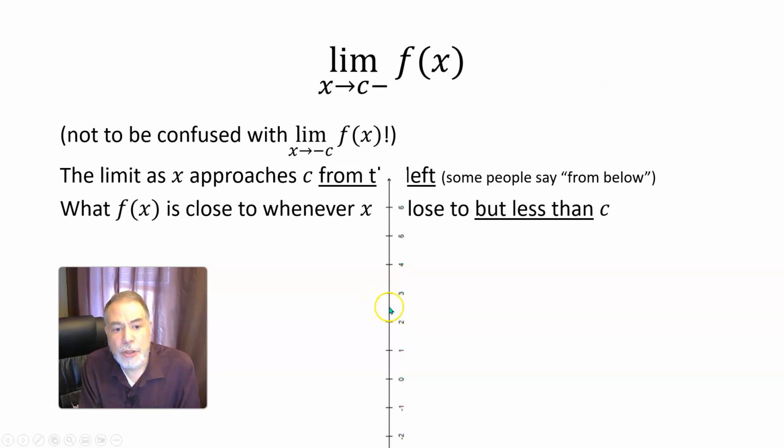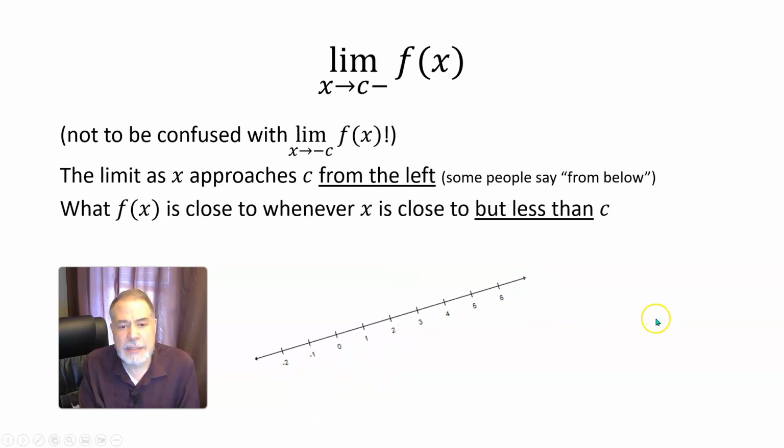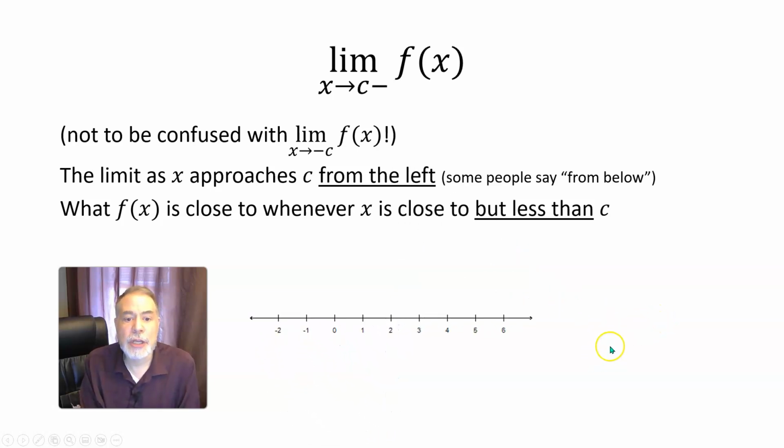So if you're approaching 3 from below, you're looking at the numbers that are less than c. And since the number that's doing the approaching is the independent variable that we're plugging in for x or whatever, and that is usually graphed on the horizontal axis, I think it makes more sense to talk about approaching from the left. But I have seen people and books that talk about approaching from below.